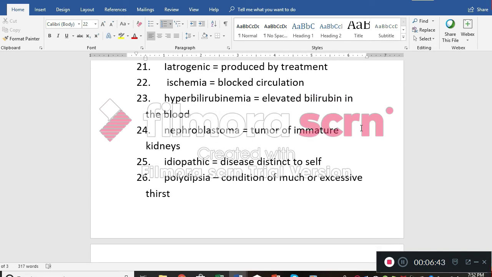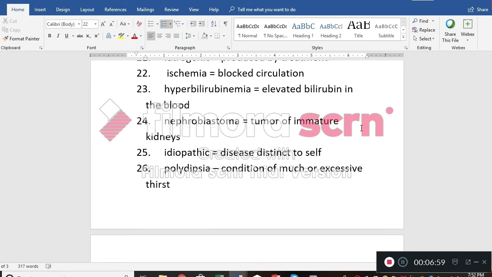Idiopathic is a disease distinct to self. So this would mean that it is a disease basically that you have. We don't understand why you are reacting this way to something. Polydipsia, again, super important, condition of much or excessive thirst.